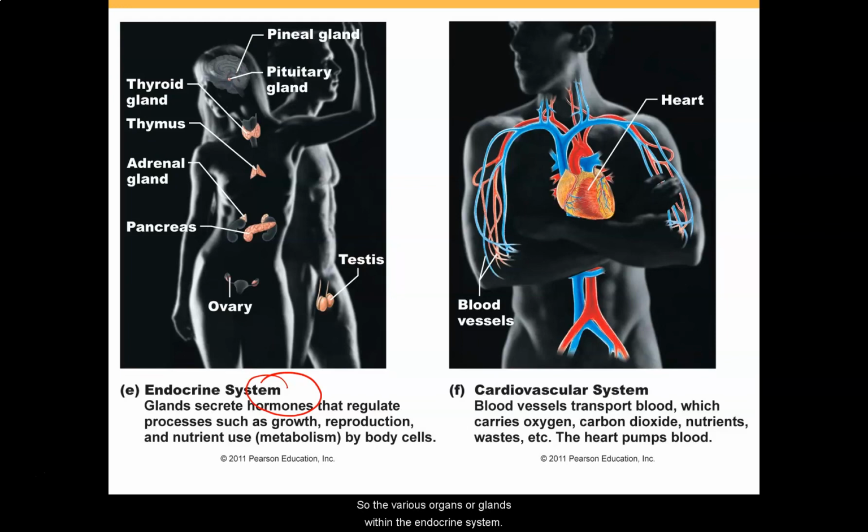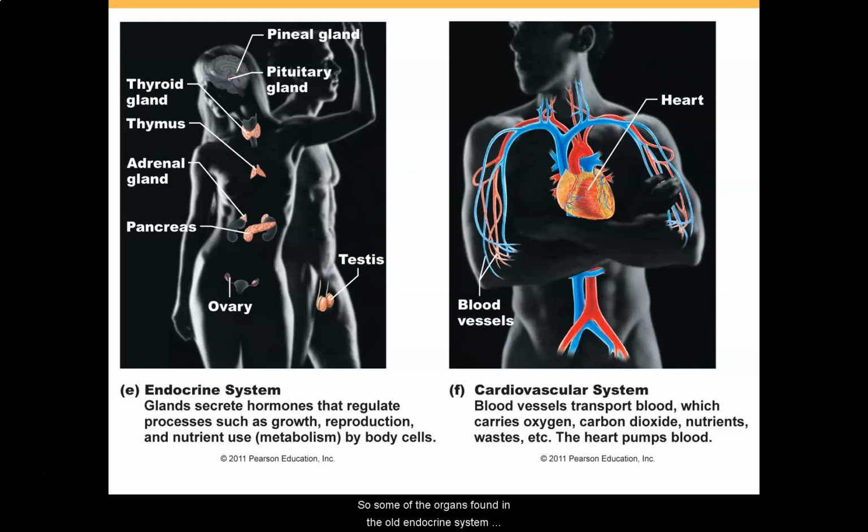So the various organs or glands within the endocrine system release hormones into the blood, which then target a respective organ, which causes that organ to change its functionality as a result of hormone release.